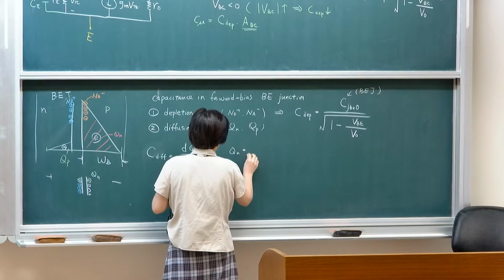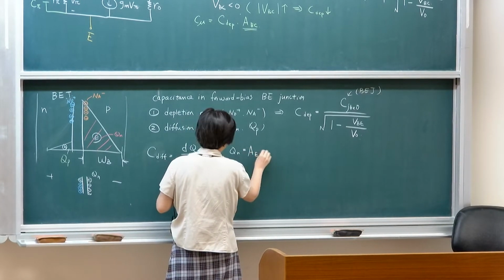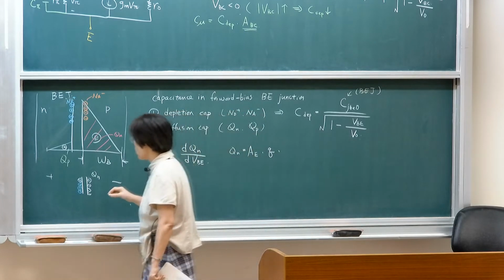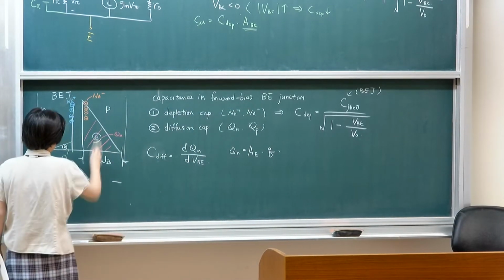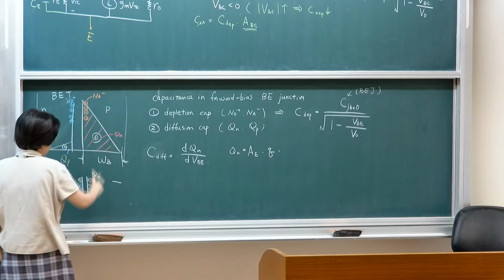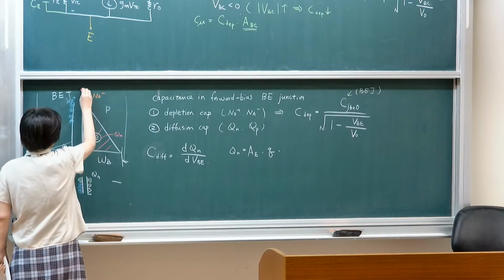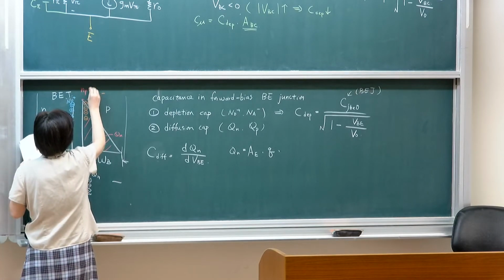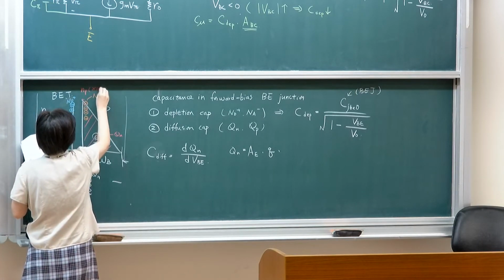Qn will then depend on emitter area times q times, let's use the triangle, assuming that there's no recombination. The triangle's width is WB, and the height is np at x equals 0.